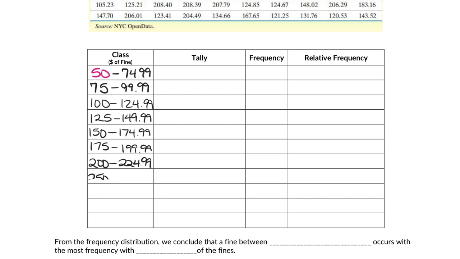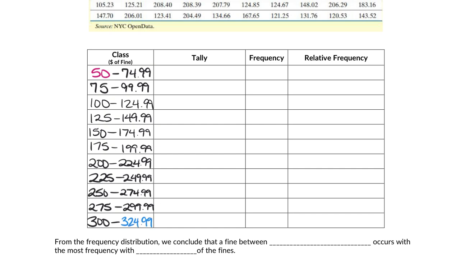Every single time I do this problem, I do that mistake. 225 through 249.99. 250 to 274.99. 275 through 299.99, and lastly 300 through that upper class limit so that we make sure we get everything, 324.99.